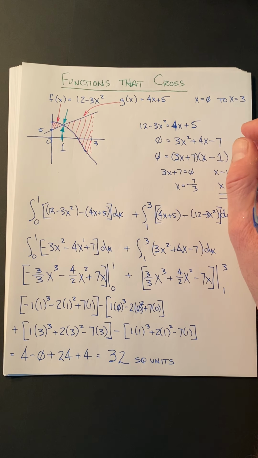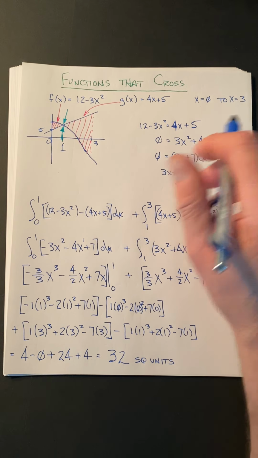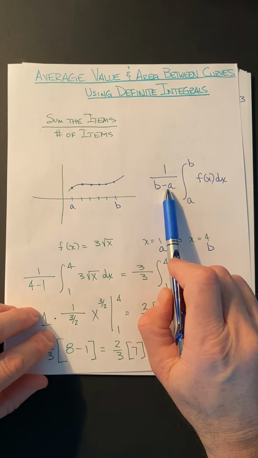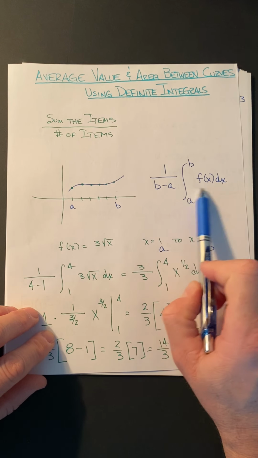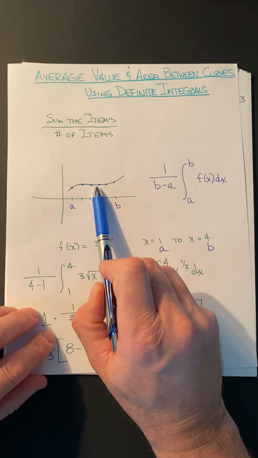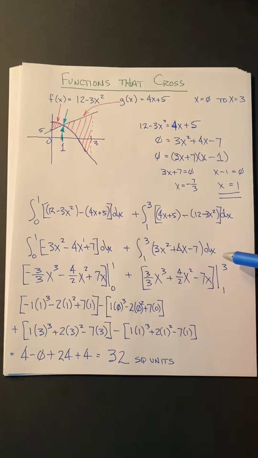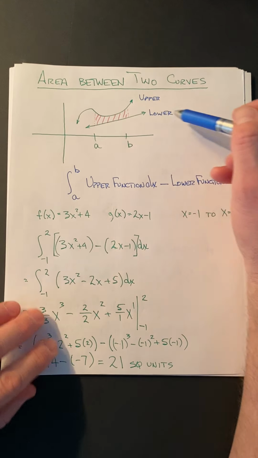So to summarize what we did today, we used definite integrals to find average values, where we simply use the difference of the upper and lower bounds and then do our normal integration, because remember, this is getting all of the values in between these discrete points. And then we also did integration to find the area between two curves.